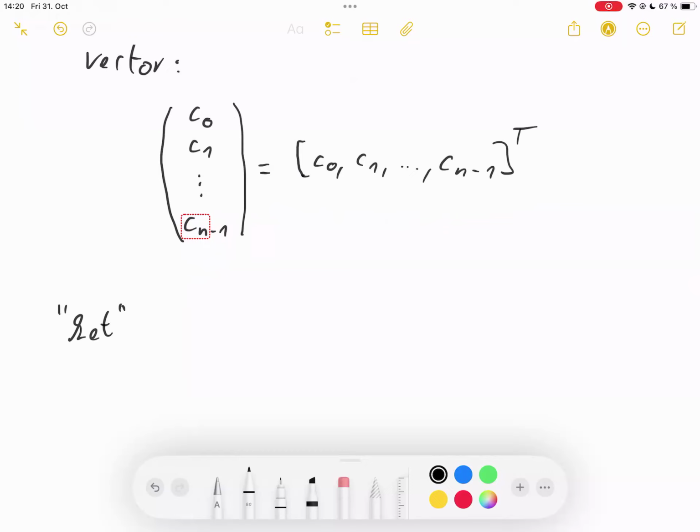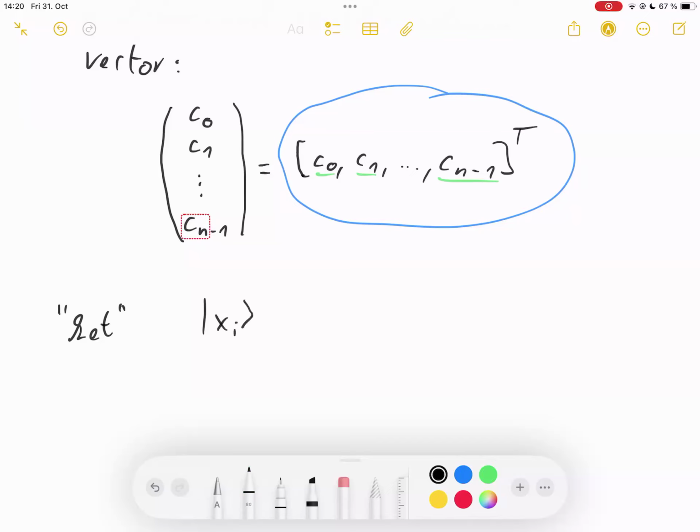So when we have our vector, we'll have these individual entries, C0, C1 up to Cn minus 1. And what we think about is that a particle is at some point xi. So the particle being at that position xi will be denoted as xi ket.